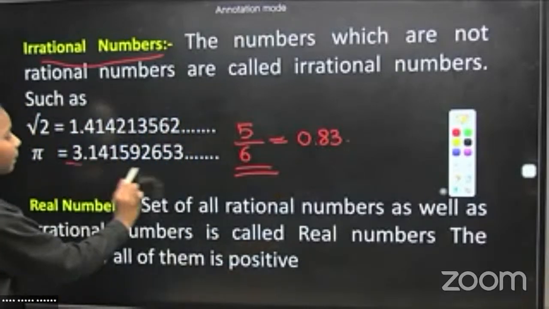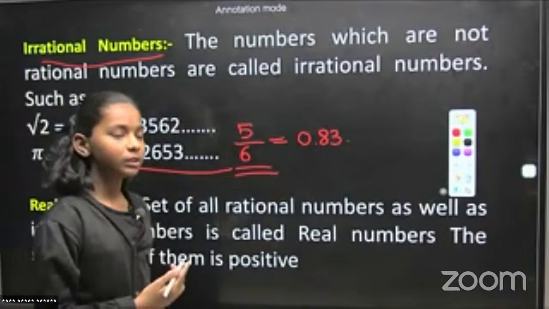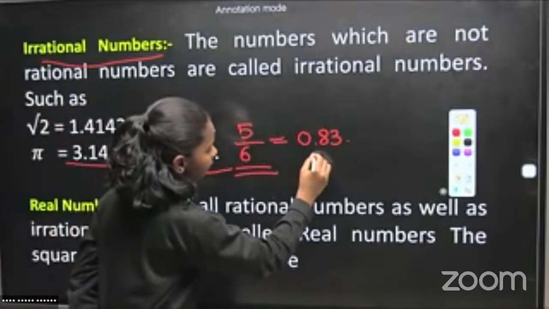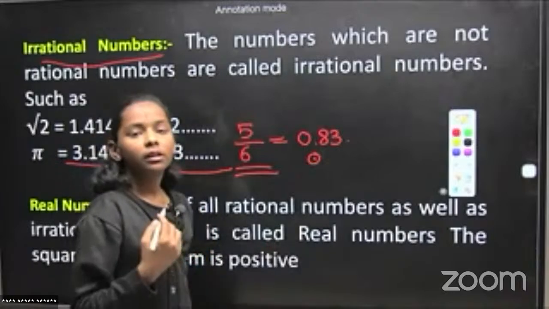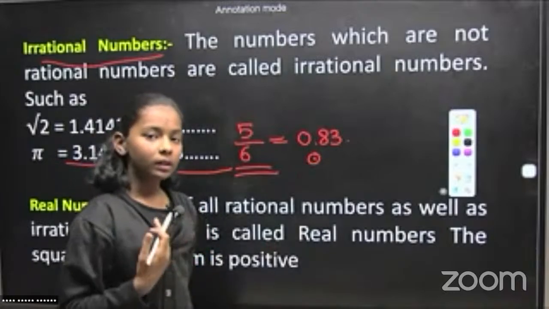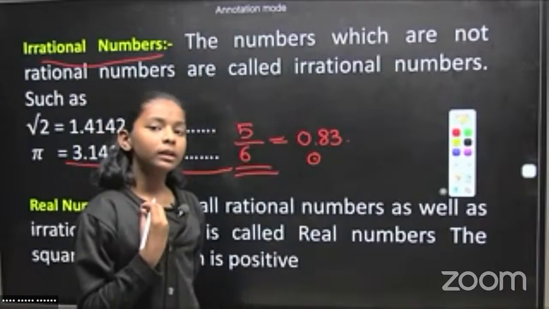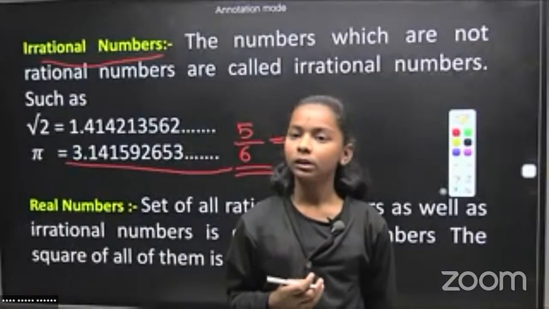The numbers which have this kind of point, this is a point. You know the point? It's called a decimal point. The number which has a decimal point is called an irrational number. Now is this clear?